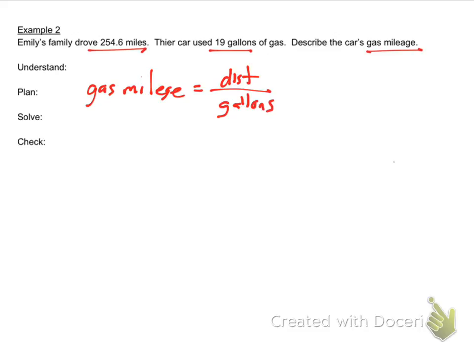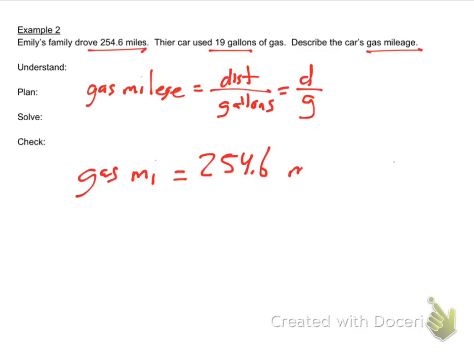Gas mileage we can call G if you want. D for distance, and G for gallons. Gas mileage, we'll leave as gas mileage. So we can just go, this is D divided by G. And a couple of you guys had already spoken and said that our gas mileage is equal to the 254.6 miles to what? 19 gallons.